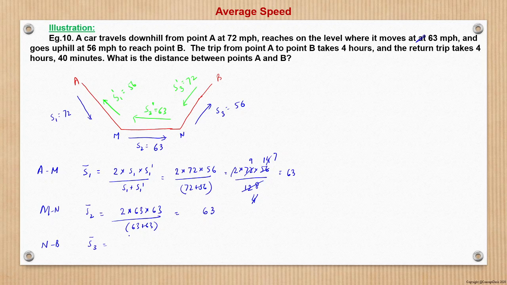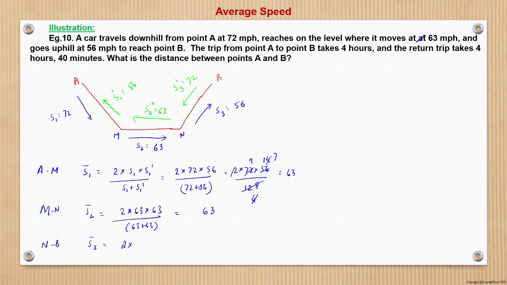So distances are the same, speeds are different, so average speed will be 2 S1 S2 upon S1 plus S2. And mind this, average speed is not 72 plus 56 by 2. When the distances are the same, the average speed will be 2 into S1 S2 upon S1 plus S2, right? We have seen this earlier.